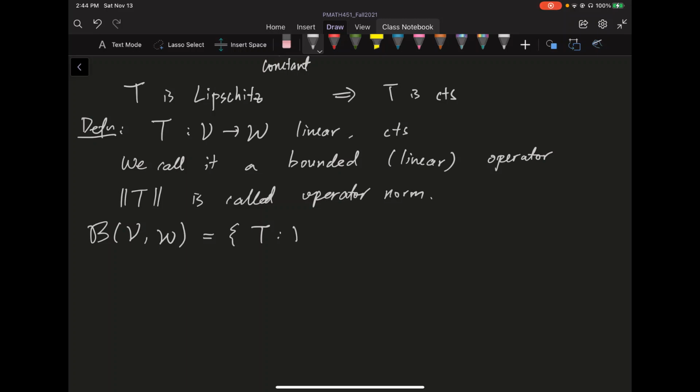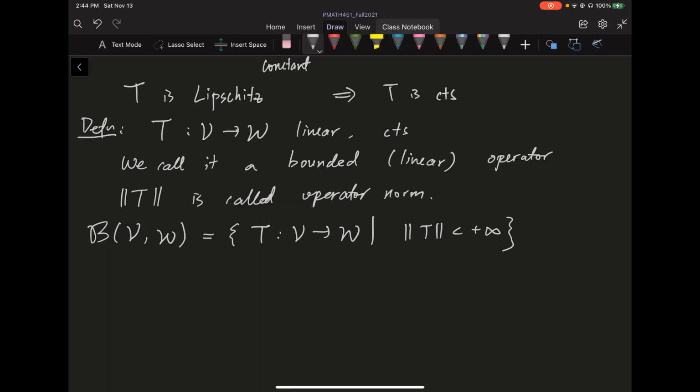So all the T from V to W, where I can just say T is continuous or the operator norm is less than infinity. So this set has a norm, and in the next video we're going to show this is actually going to be a Banach space itself. But we'll leave it to the next video.